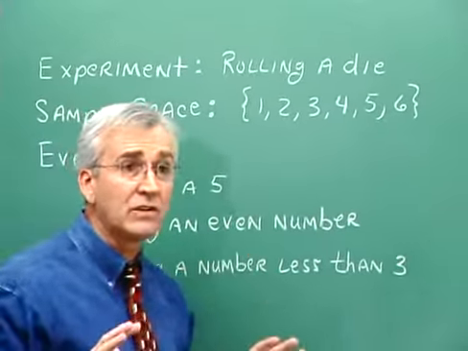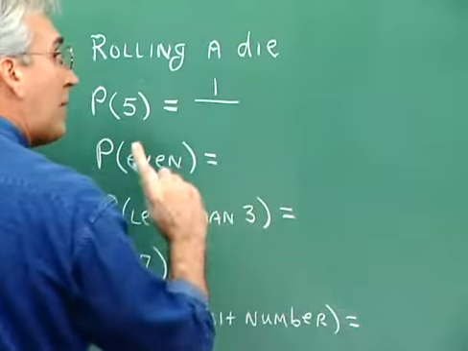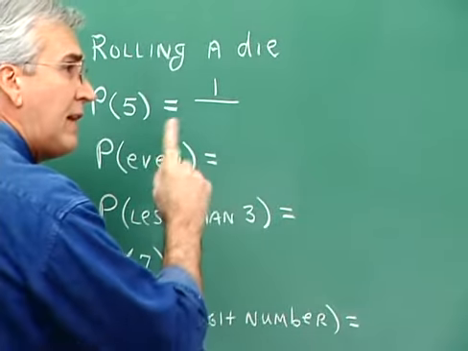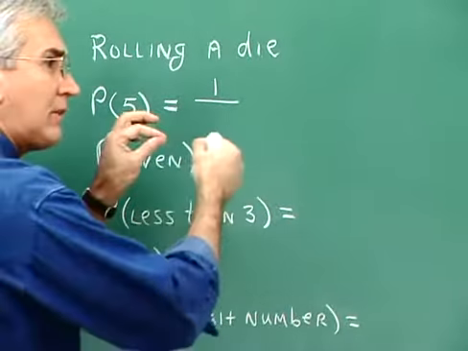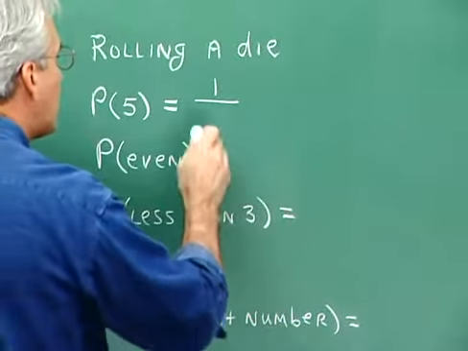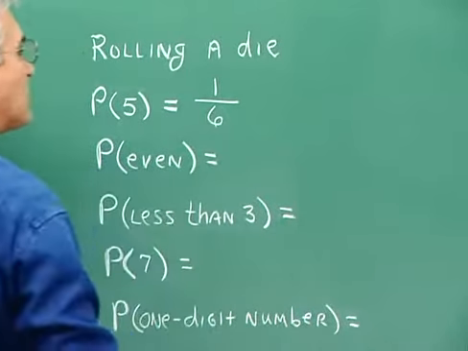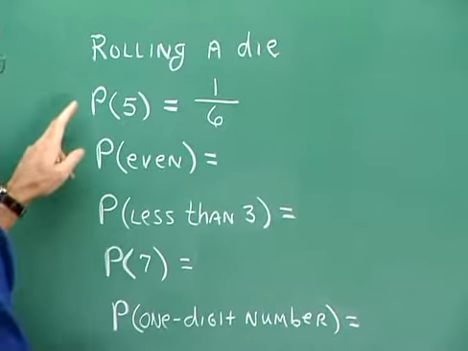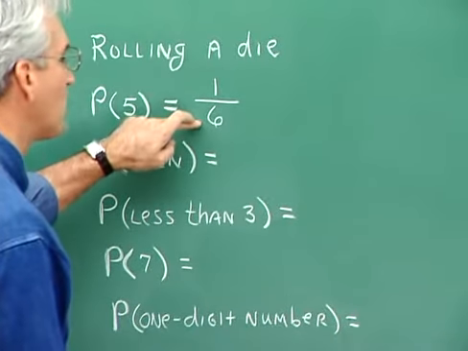How many ways are there to roll a 5? Well, there's only one way to roll a 5. There's only one 5, you see. And the number of possible outcomes, well, to find the possible outcomes, you just count the items in the sample space. So there are 6 possible outcomes in rolling a die. So the probability of rolling a 5 is 1 over 6.